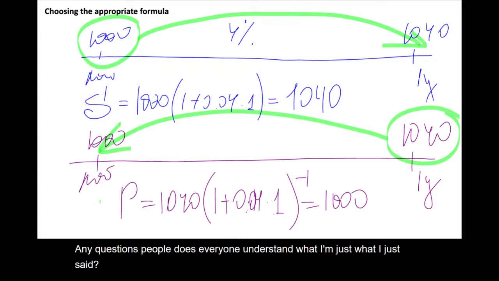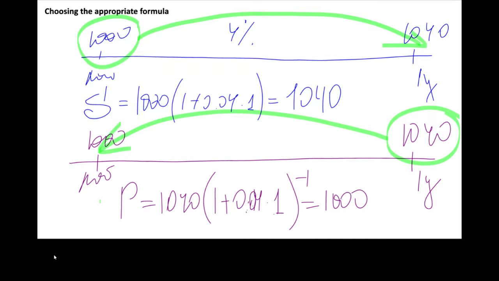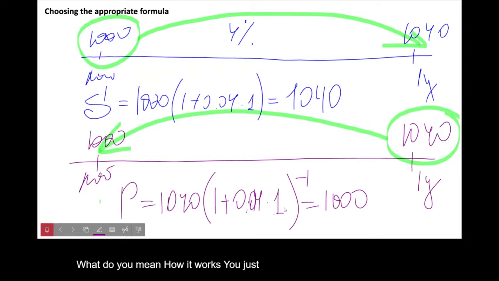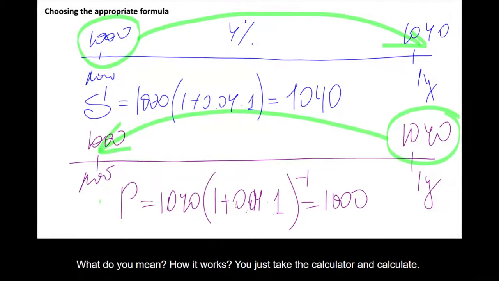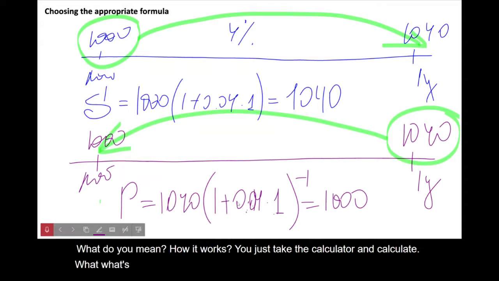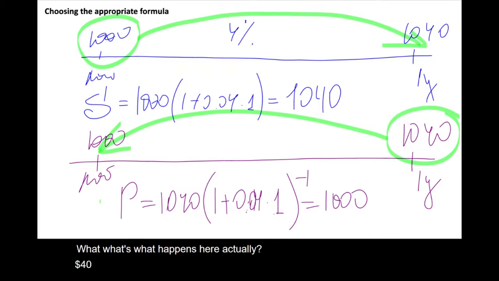That makes sense, but could you explain exactly how the -1 exponent works? Does that make sense? What do you mean how it works? You just take calculator and calculate. Yes, but why? What happens here actually? $40, that's the amount of interest. Agree? Yes.